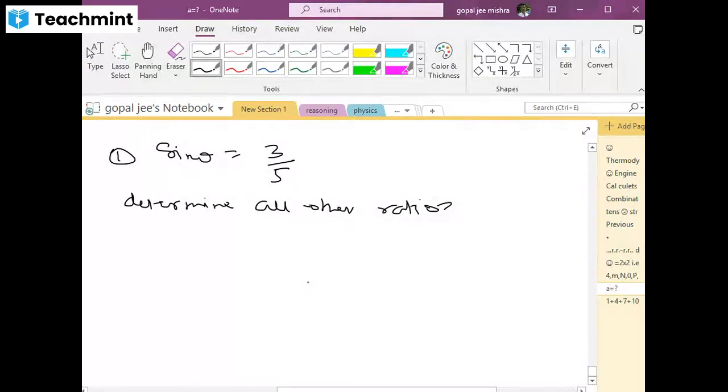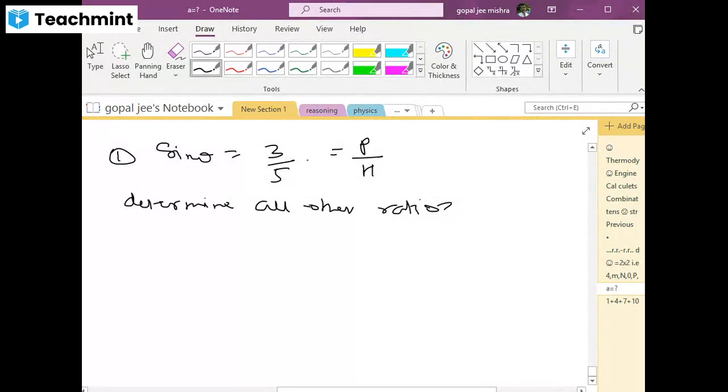Remember beta, whenever you are taking some kind of ratios, the common factors are cancelled. So what we should do here, very easily, we should mention that sine theta is the ratio of perpendicular upon hypotenuse.